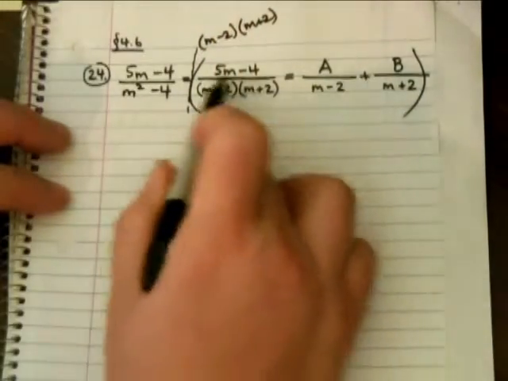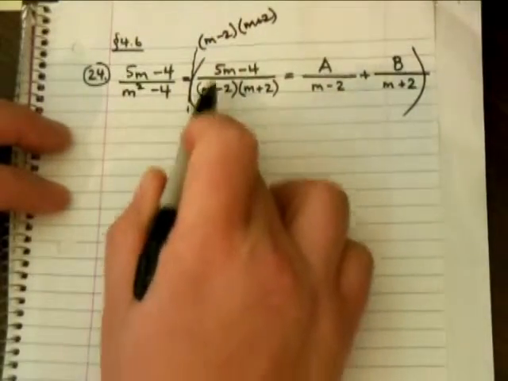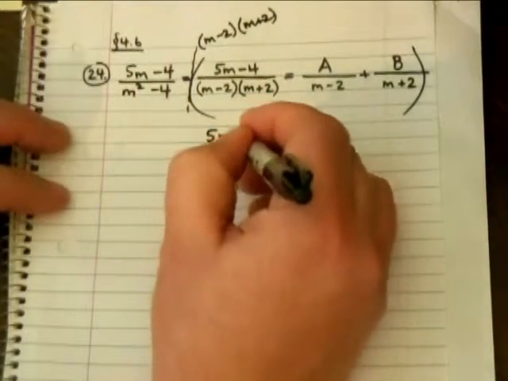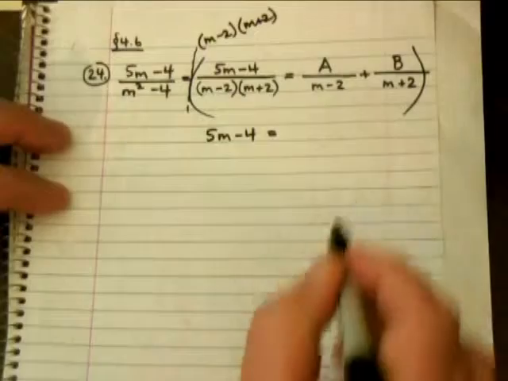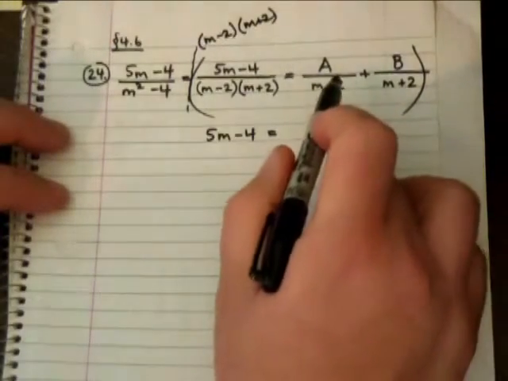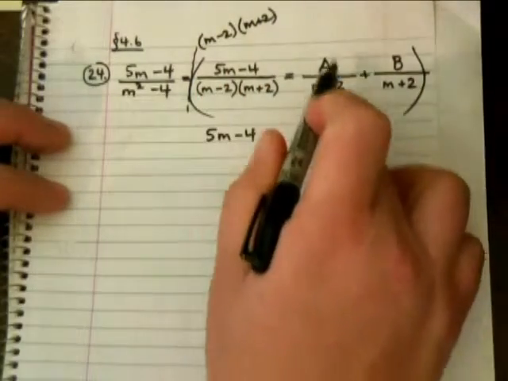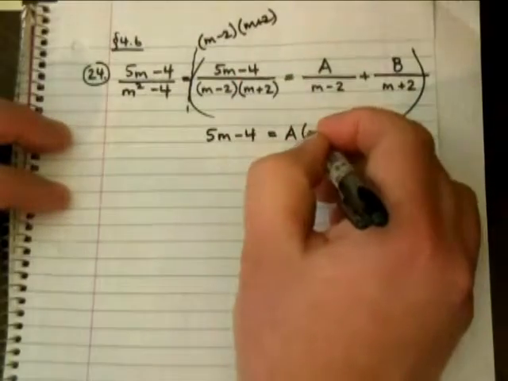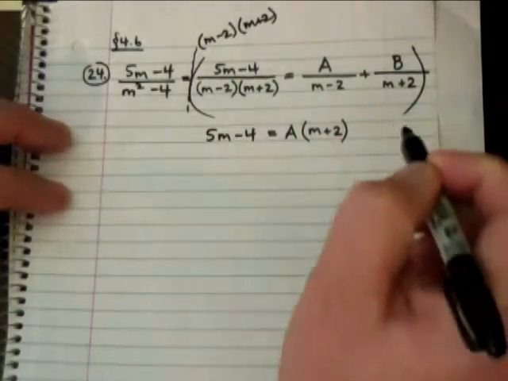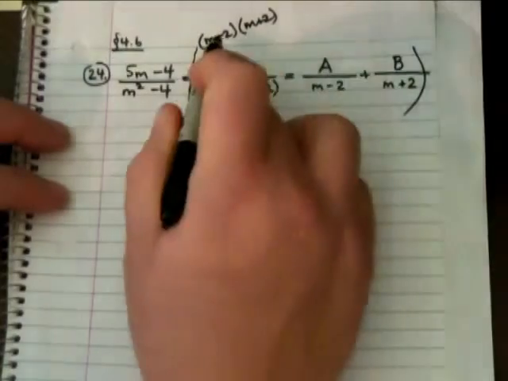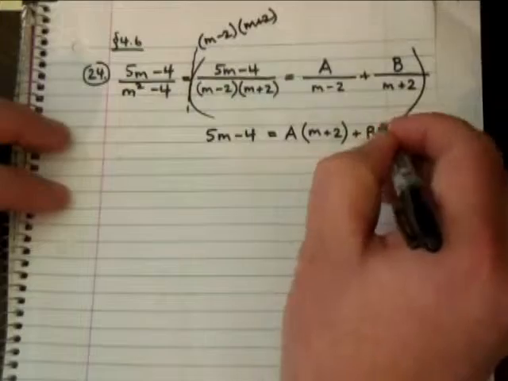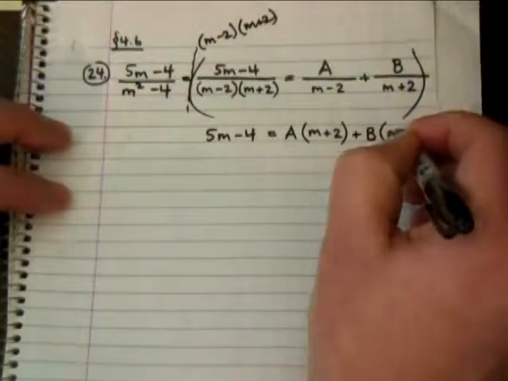So when I multiply that to this side, the m minus 2's cancel and the m plus 2's cancel, and I'm left with 5m minus 4. On this side, the m minus 2's would cancel in this fraction, leaving me with A times (m plus 2). Similarly here, the m plus 2's would cancel, and I'd be left with B and this factor of m minus 2.